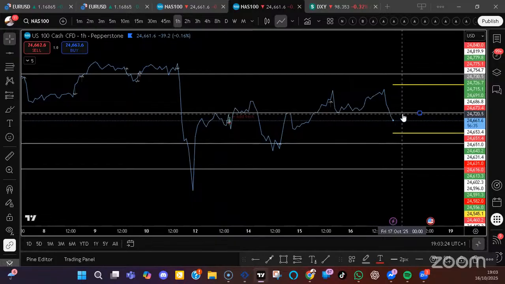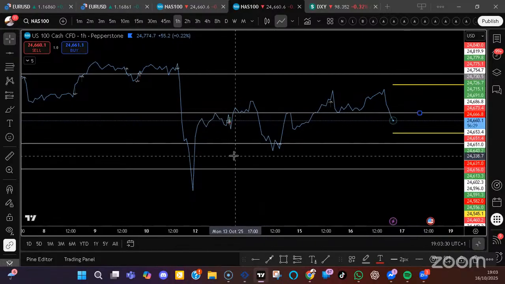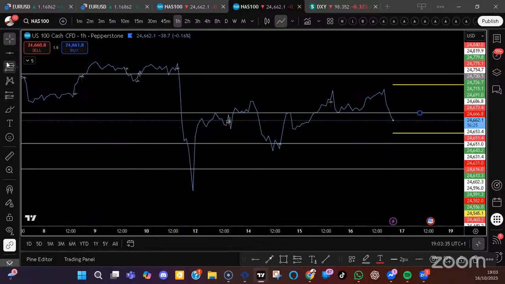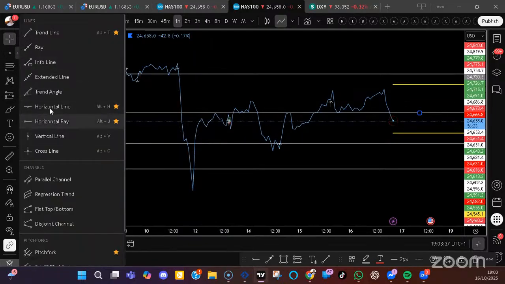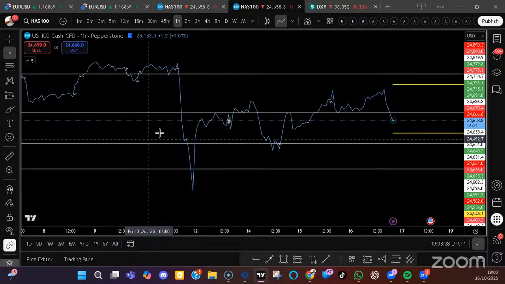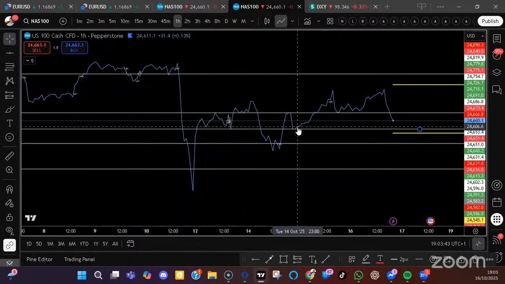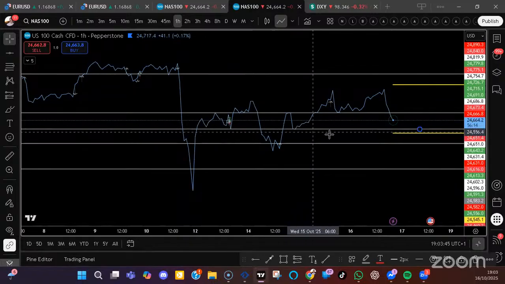So that area there is at 24,727. And the next area of significance is this one here. Resistance there and resistance there. So we'll just leave it like that.